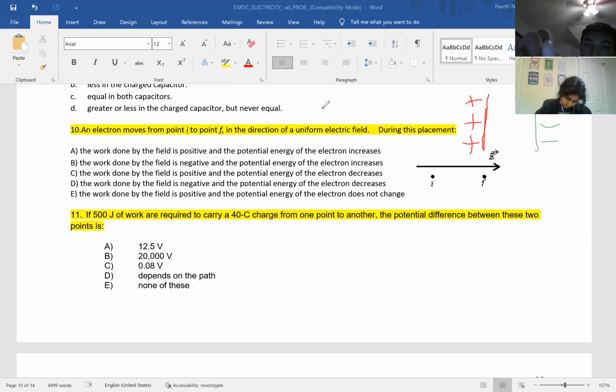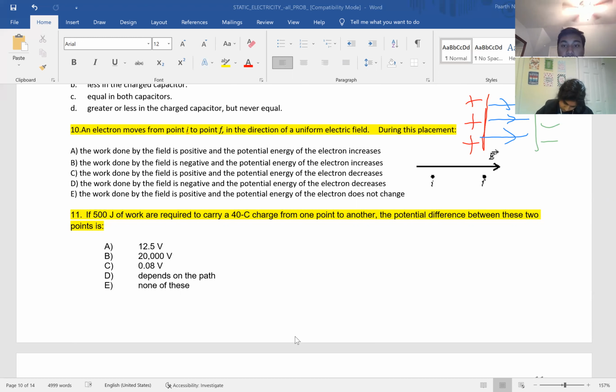Based on what you've learned in electric fields, you know that the field points in this direction, which means that if the electron is moving in that direction, it's moving opposite to the direction it wants to move. Since the electron has a negative charge, it wants to go to the positive side.